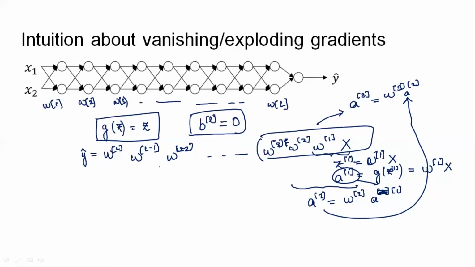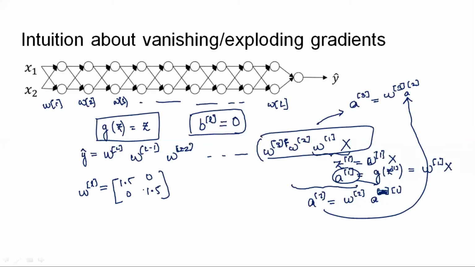Now I need to initialize the weights. What kind of initialization can I have for these weights? I need to initialize a standard weight WL for the lth layer in this neural network as, suppose, 1.5.